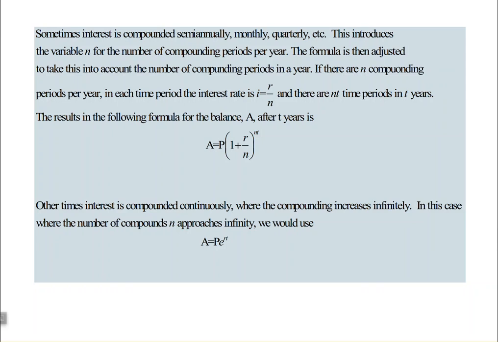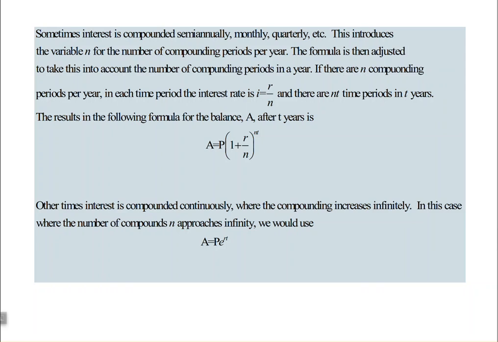So we're going to use this formula: A equals P times 1 plus r over n, raised to the power of n times t.